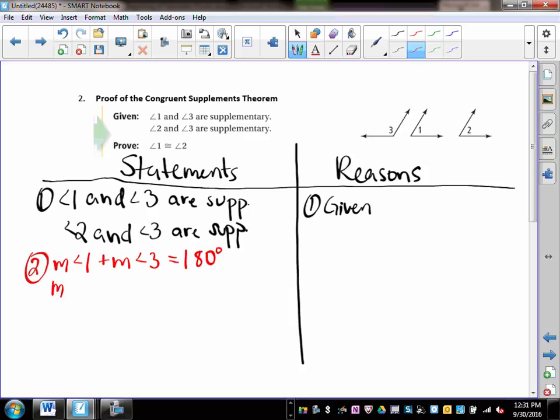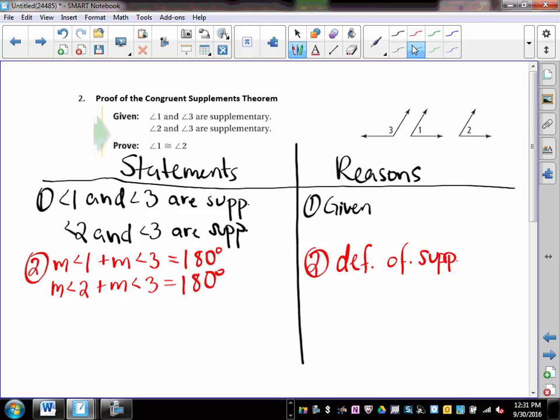The measure of angle 2 plus the measure of angle 3 equals 180 degrees. Good. Definition of supplementary angles. We know that is true by definition. Def of sup.